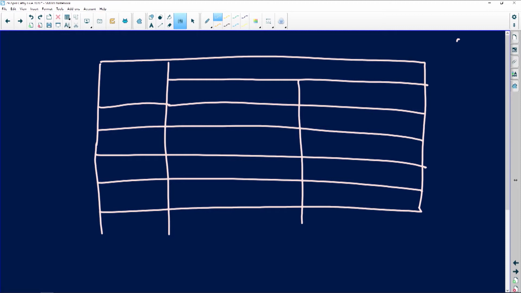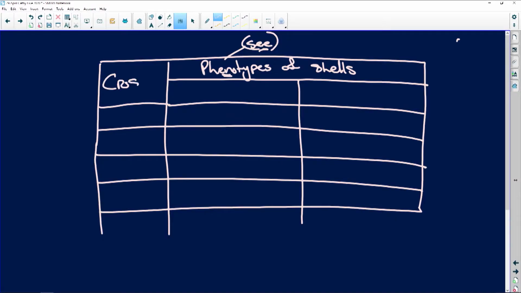This is your phenotypes of shells. Genotype is in the genes, phenotype is what we can see, and we're looking at colors here. This is our cross, and this is cross 1, 2, 3, and 4.